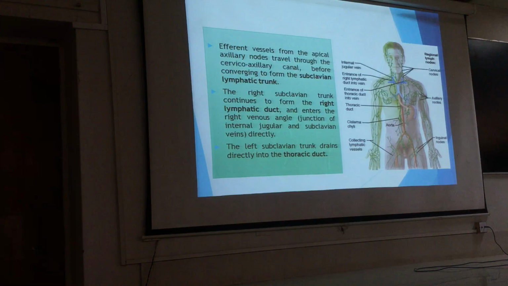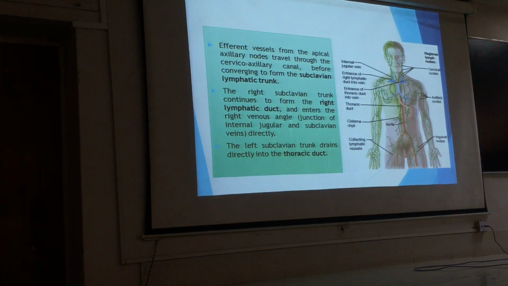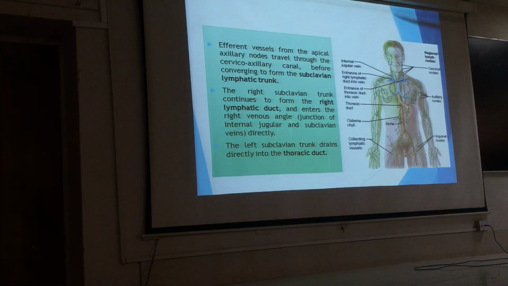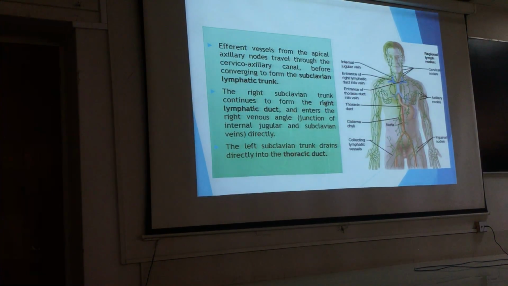artery. यही हमने किया. अब होता क्या है कि यहाँ पे once they reach the apical lymph nodes, now from there the effluents come out of the apical lymph node and then travel through a canal which we call it as the cervicoaxillary canal.